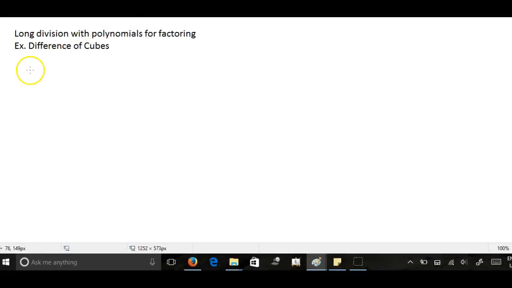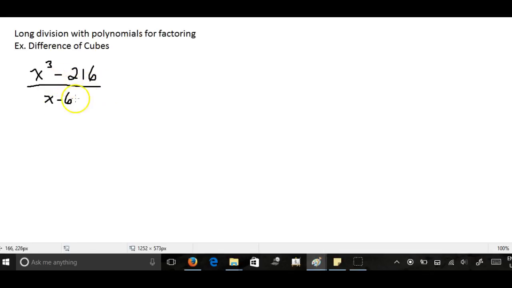Say I have x cubed minus 216 and it's divided by x minus 6. Sometimes in order to simplify this, we want to find out if x minus 6 is a factor of x cubed minus 216. And if it is, then we can cancel that out and we have a much more simplified expression.